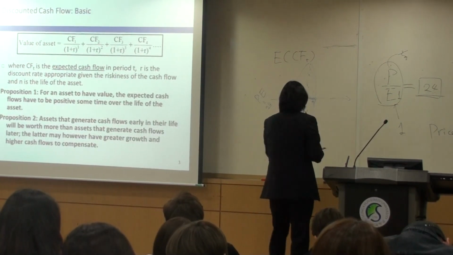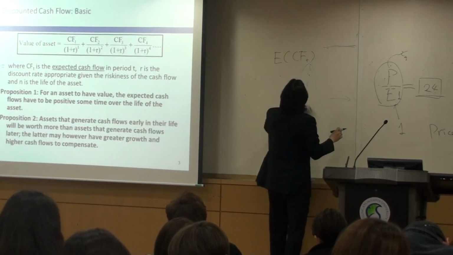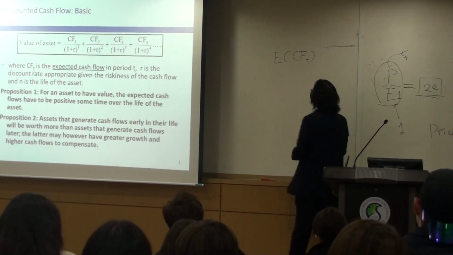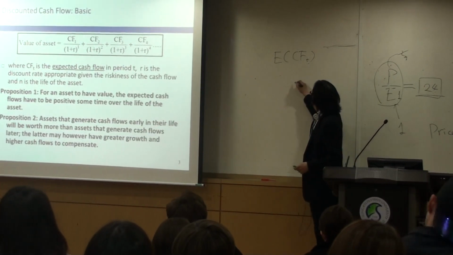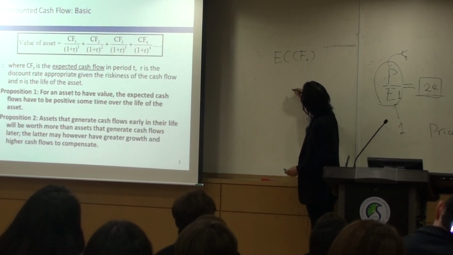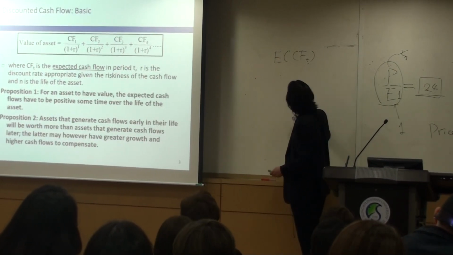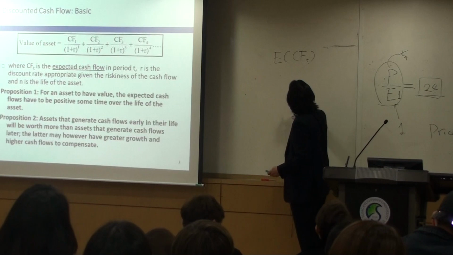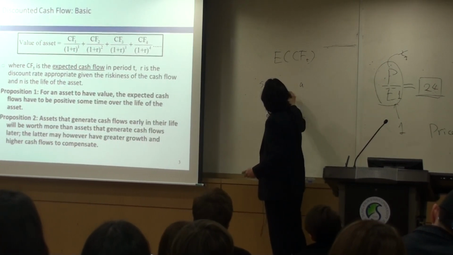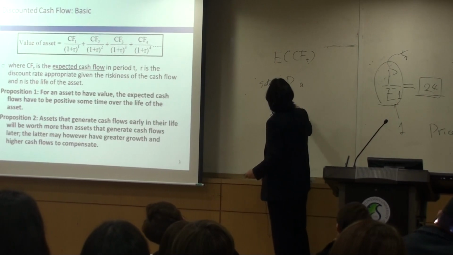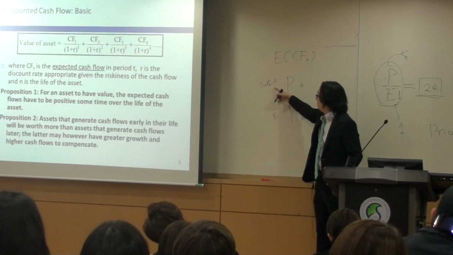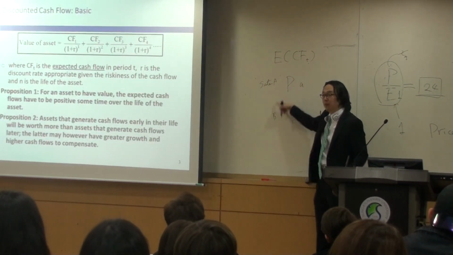Now what does that mean? You should have some estimate about the state of nature, let's say state A and state B, and there would be some probability for state A and B. Economic boom, recession, the probability you will have it.